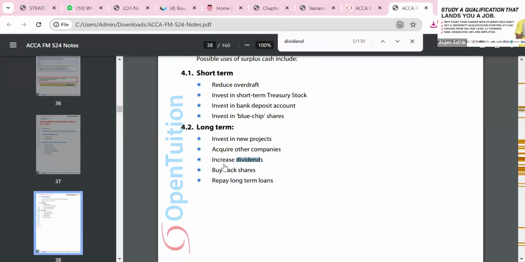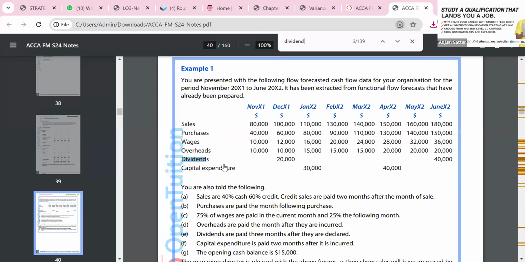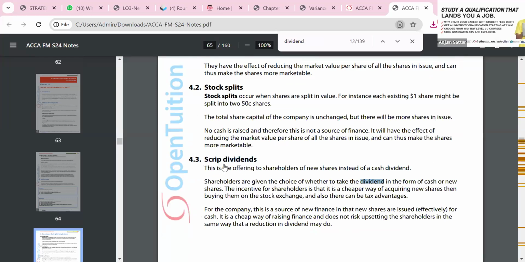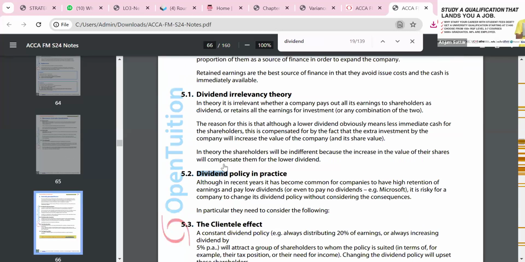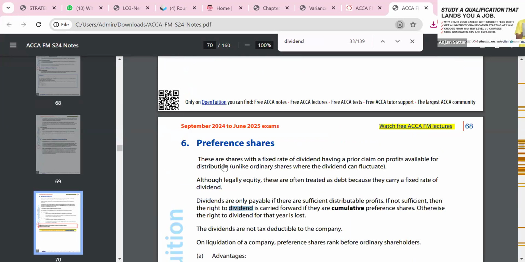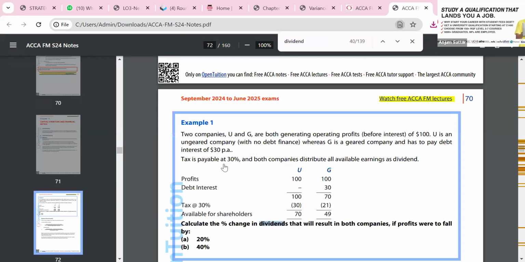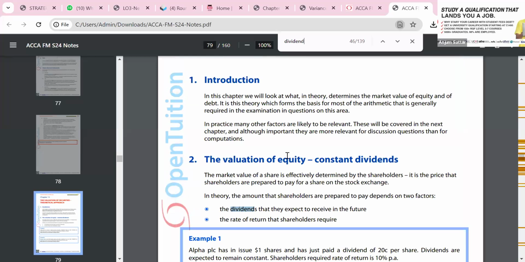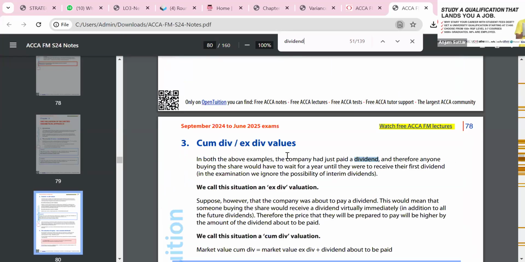We have increased dividends. These are different examples we can pick, because all these are different appraisal tools we can look around and use. So I can give you F9, with the tax element or without the tax element, and the growth rate model.